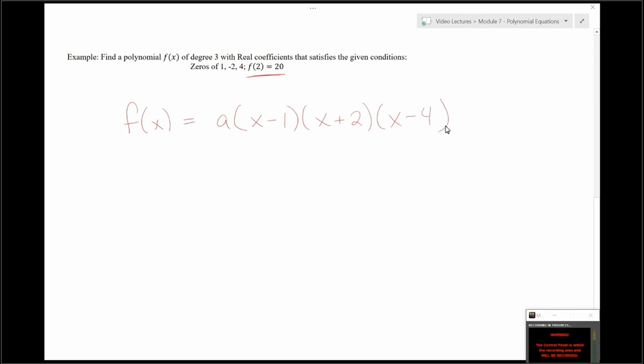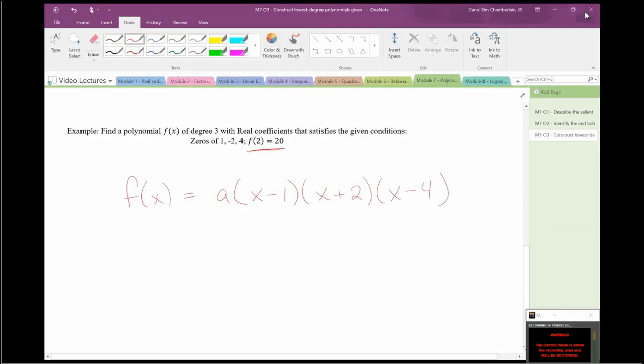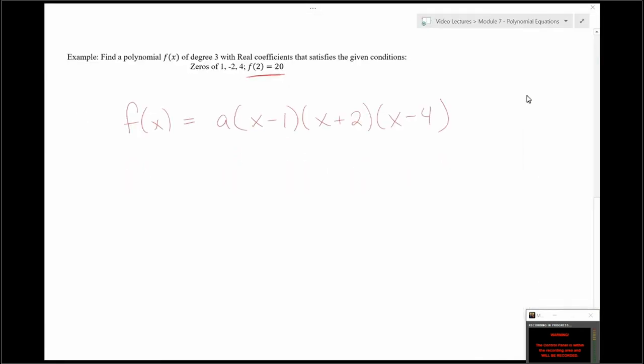So we put it in this form, and it tells us that f of 2 is 20. Well, if f of 2 is 20, that means by plugging in 2, I should get 20.